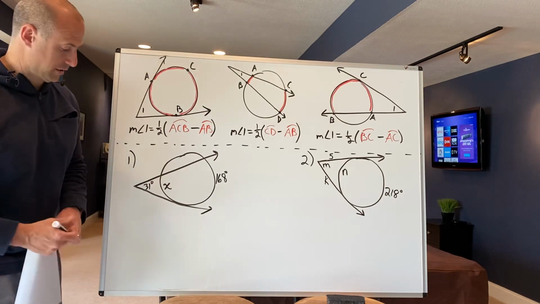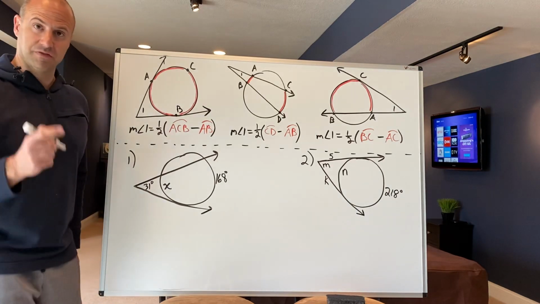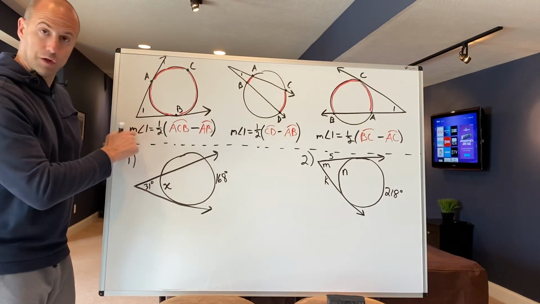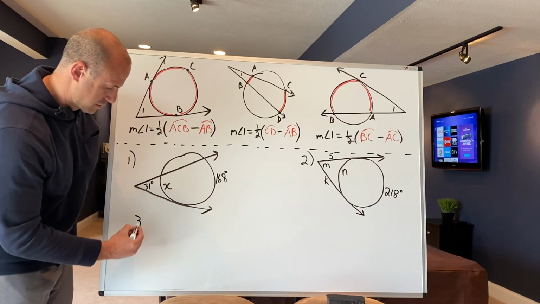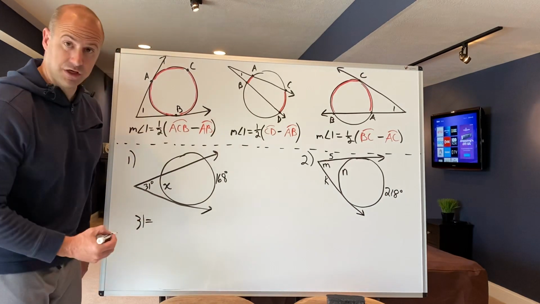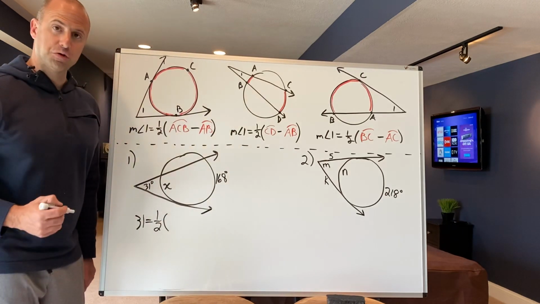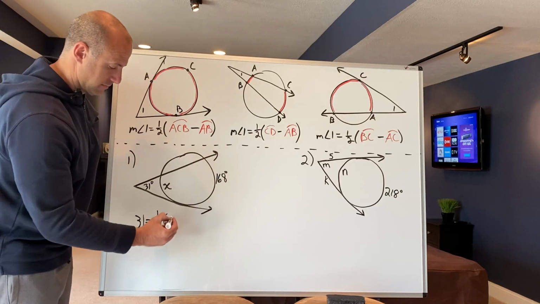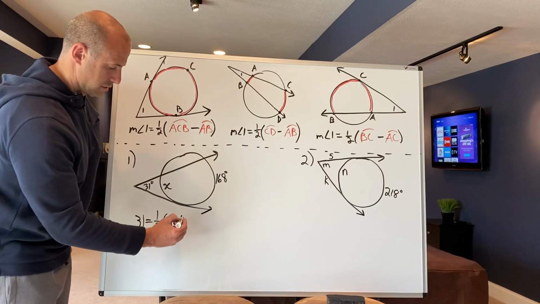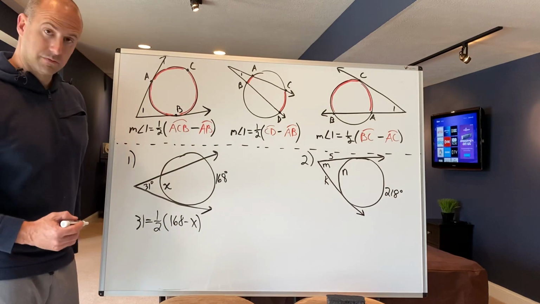So right here, I'm going to write the formula down. The formula says that the angle, which I know, 31, has to be 1/2 of the two arcs subtracted. The bigger one is 168, and this time the smaller one is the unknown x.